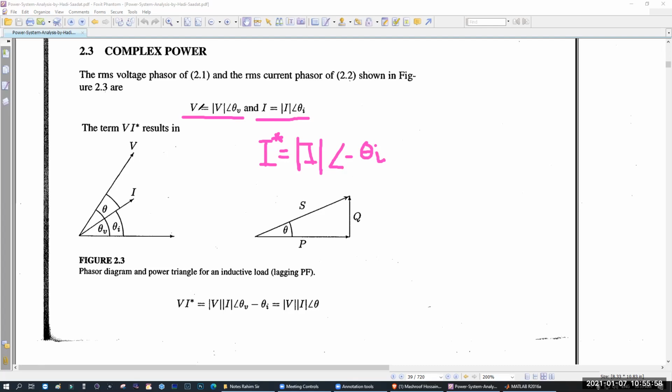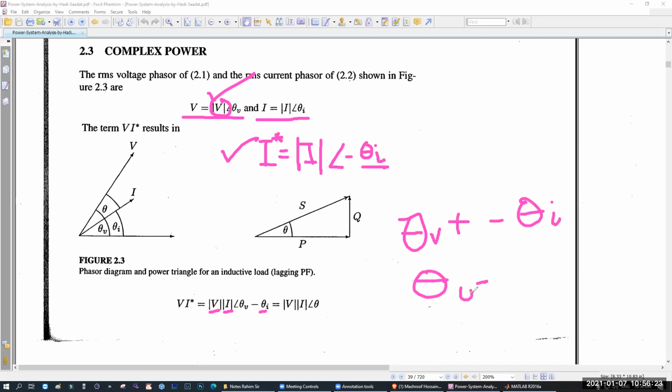Now here, if you multiply these two, what will happen? The V will come first, then the I, then theta V and minus theta I, because if you multiply, your angles are added, right? So eventually you are getting theta V minus theta I, right?